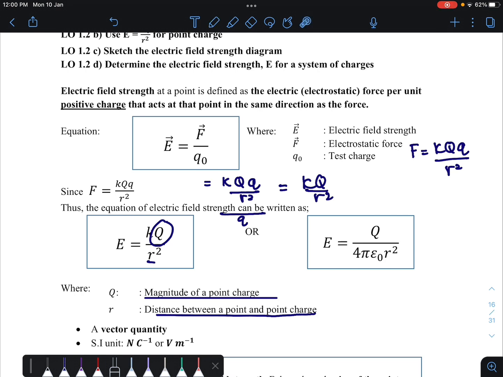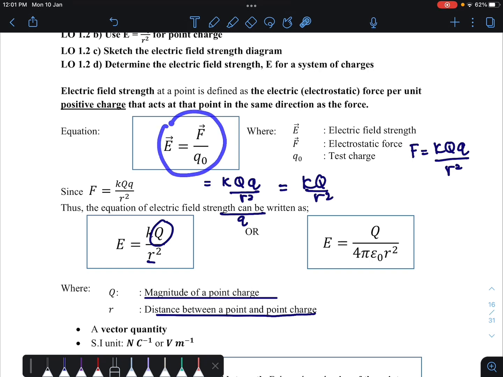Okay, this electric field is the same as the method for finding the electric force. When you want to find the electric force, you only put in the magnitude of the charges for Q, right? So you're going to do the same thing for your electric field.